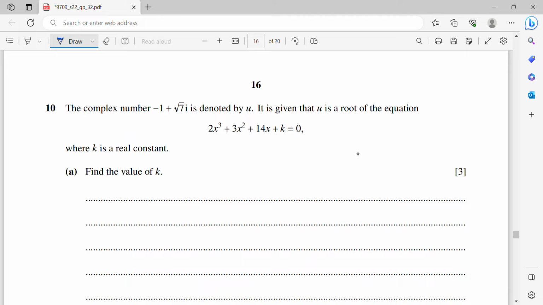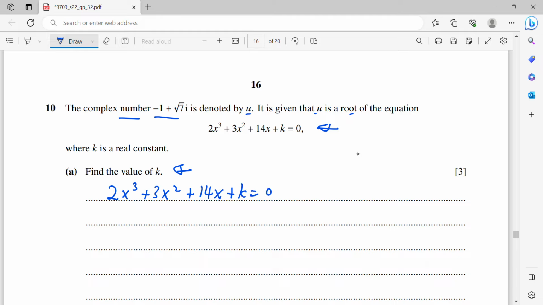Now for question 10. The complex number minus 1 plus square root 7i is denoted by u. It's given that u is the root of this equation. Now find the value of k. So now we need to substitute the x by the given u because that is the root. Root means the x value.